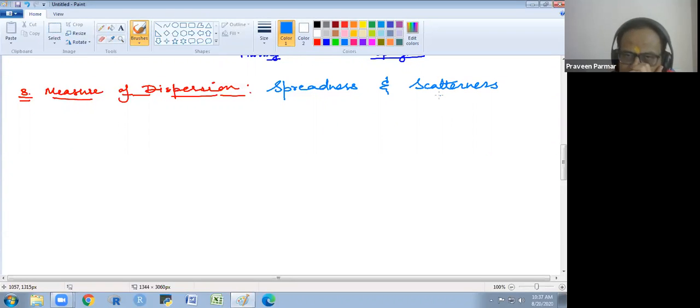So there is a difference between spreadness and scatterness. Can someone explain what is the difference between spreadness and scatterness?